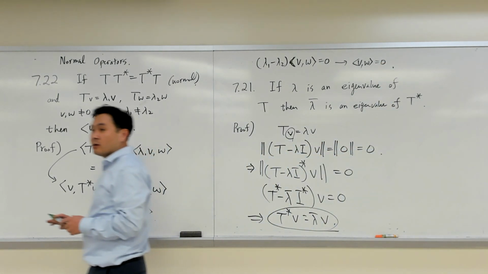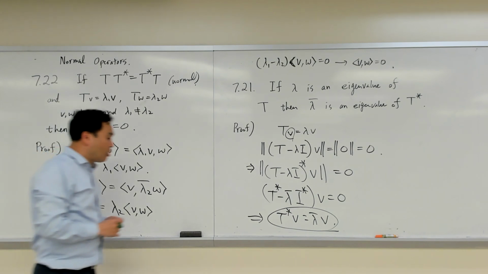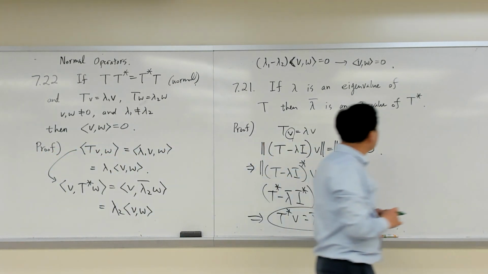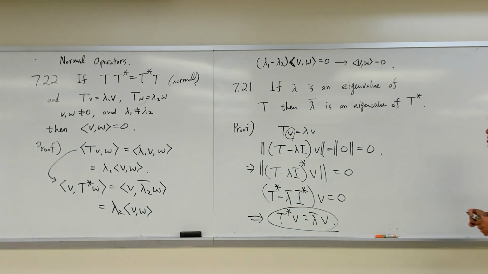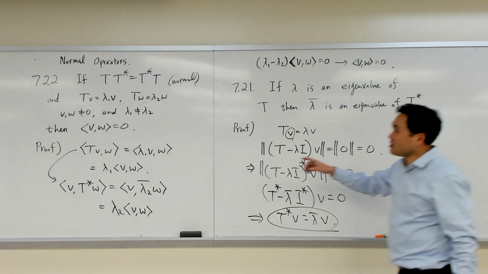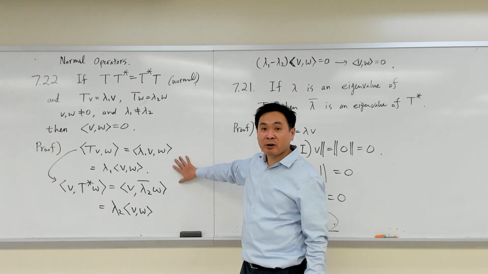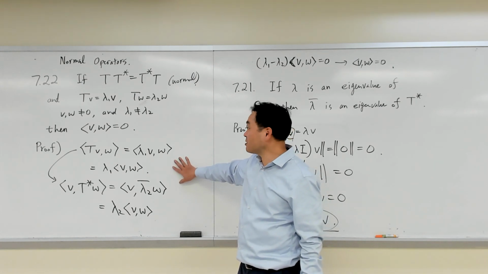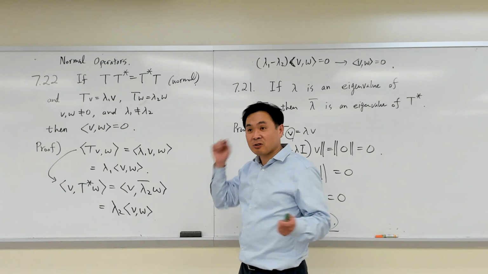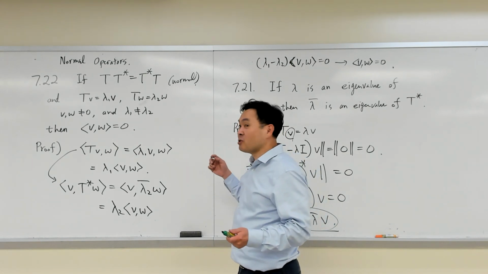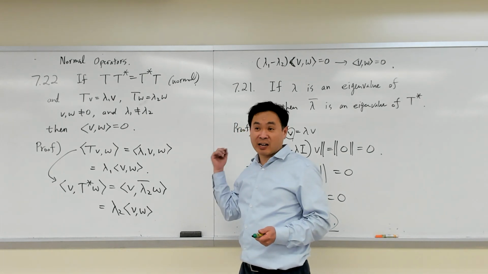Okay. Now, although the spectral theorem is proved more generically in a different approach, this thing itself already shows that if you have a normal operator with n distinct eigenvalues, then you have an orthonormal basis which diagonalizes it.